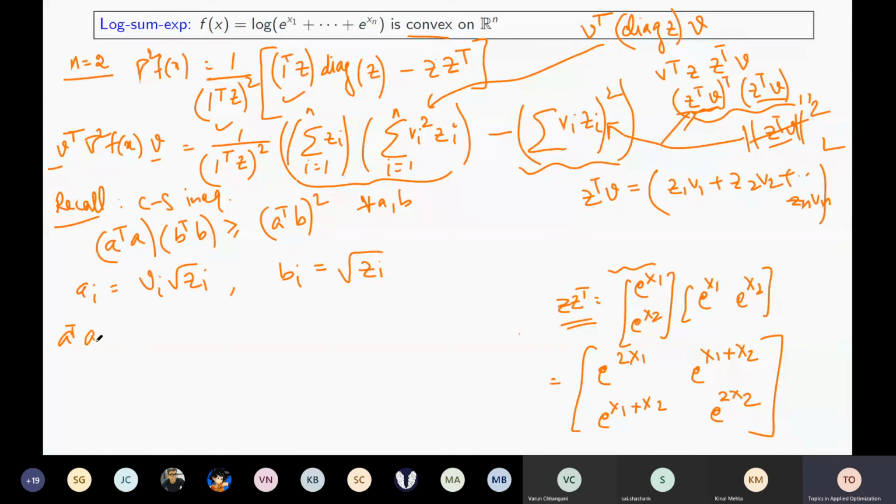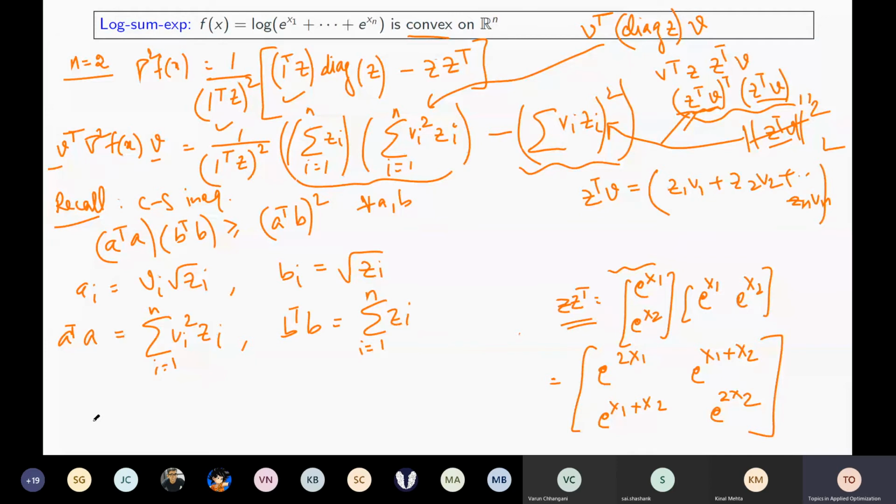A transpose A will give you this term: summation of Vi squared Zi, i equals 1 to n. And B transpose B will give you this term: summation of Zi, i equals 1 to n.